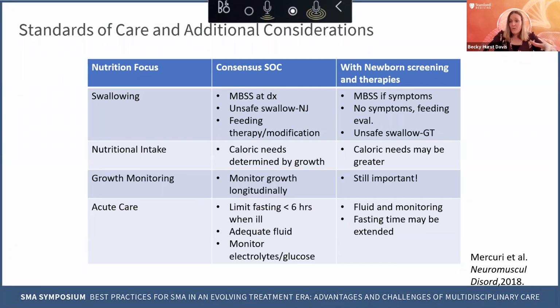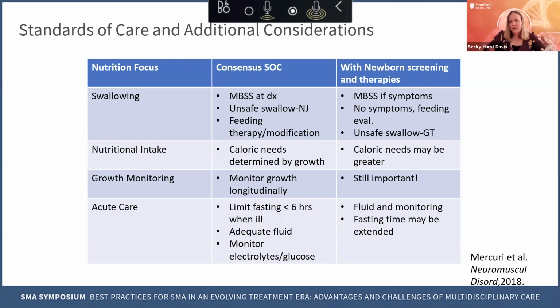Now, we still recommend fluid and monitoring during illness for a child or adult with SMA. But the fasting time may be extended, and really that fasting time at this point depends on the relative health and nutrition stability before being in acute care.